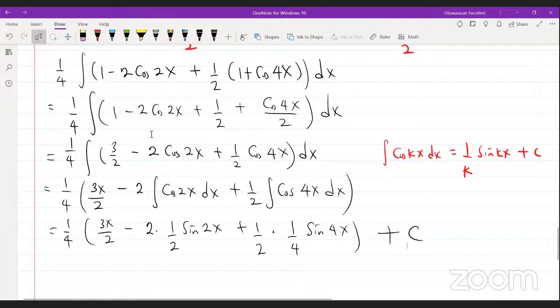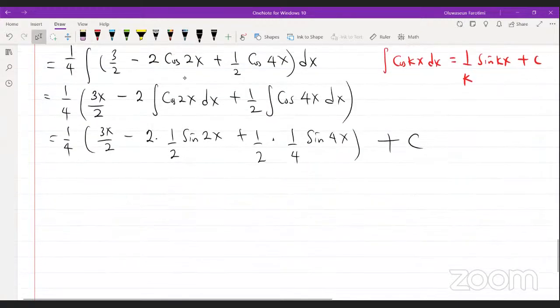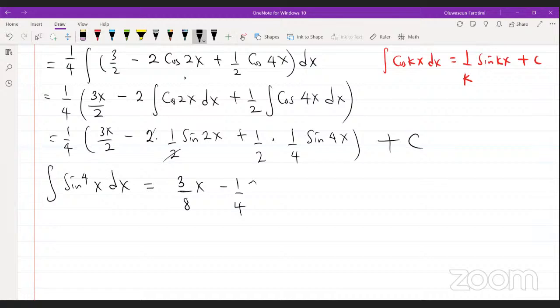So what do we do from here, guys? Can anything cancel? Definitely. So this can take off this. If I multiply through by 1 over 4, this is exactly going to be 3 over 8 x minus 1/4 sine of 2x plus 1 over 32 sine of 4x plus c.